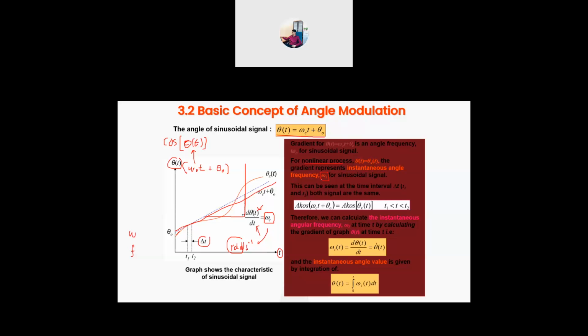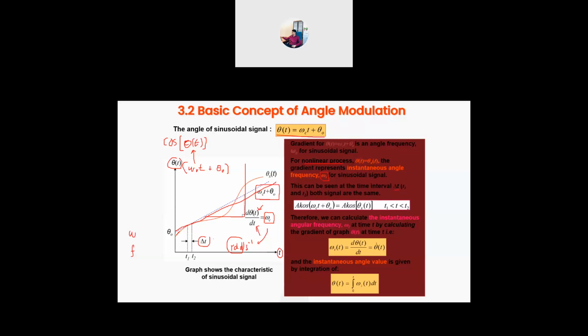This can be seen at the time interval Δt, between t1 and t2, where both signals are the same. So you have A cos(ωct plus θ0) equals A cos θx(t).